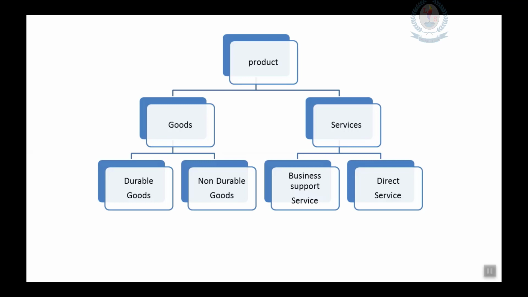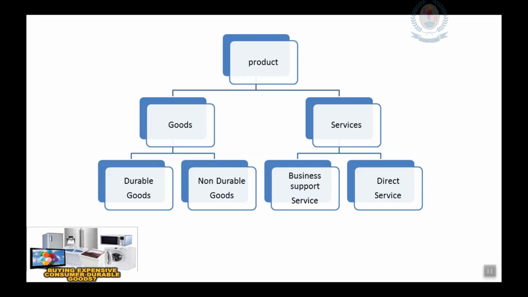Durable goods means consumer products that do not need to be purchased frequently because they are made to last for a long period of time, usually lasting for 3 years or more.